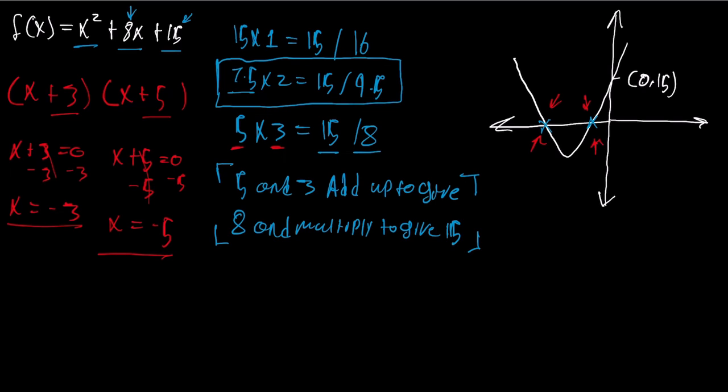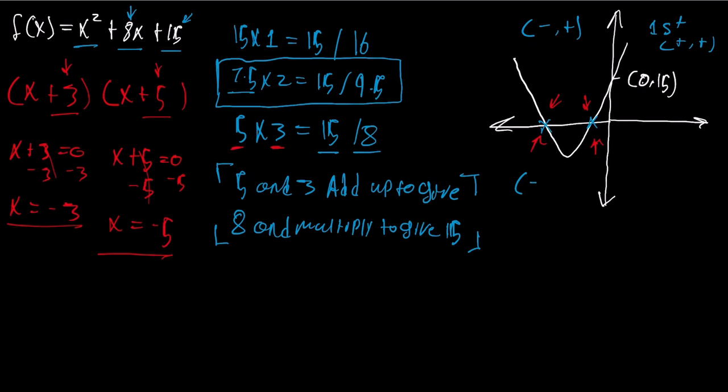Now you might be asking, why did you not just take +5 and +3? Well, pay attention to the graph. In the first quadrant, my x values are always positive and my y values are always positive. In the second quadrant, my x values are always negative and my y values are positive.